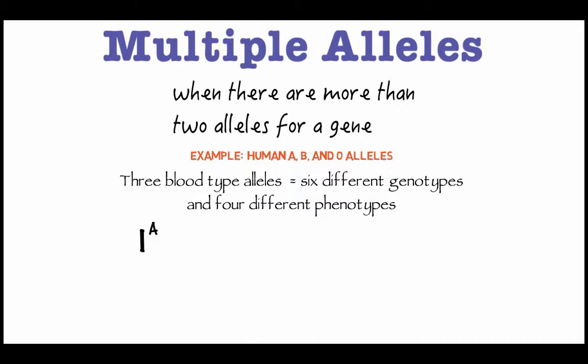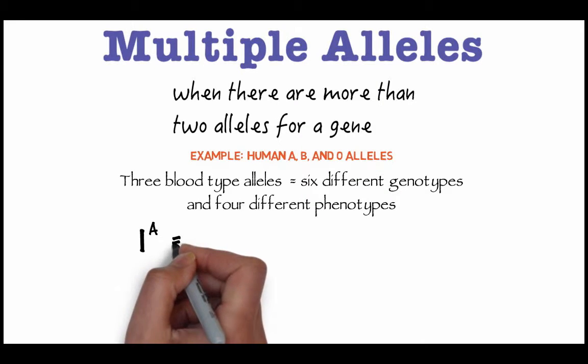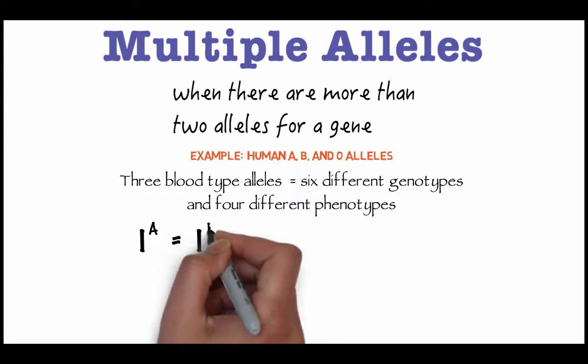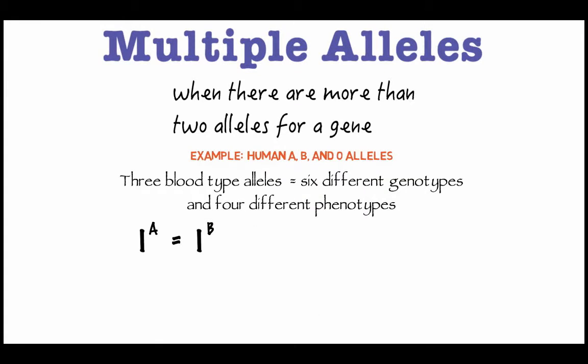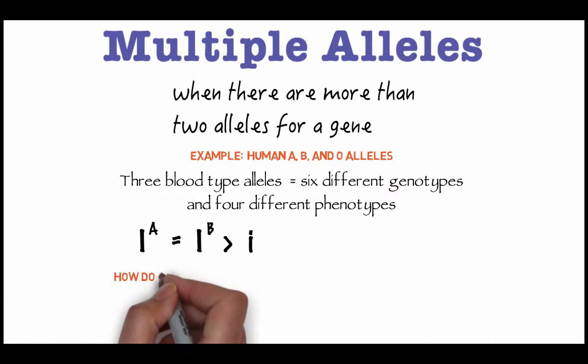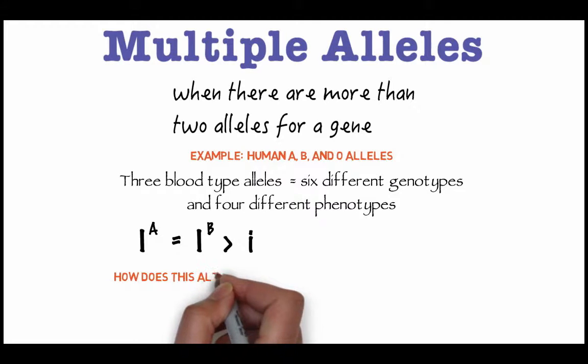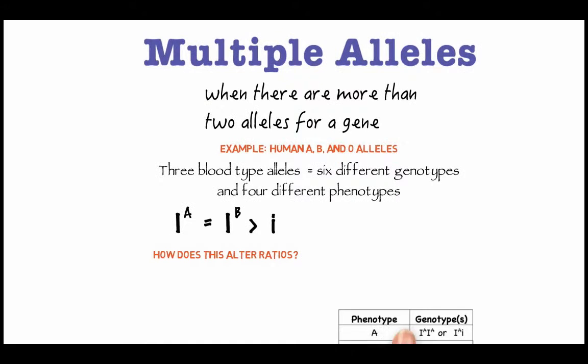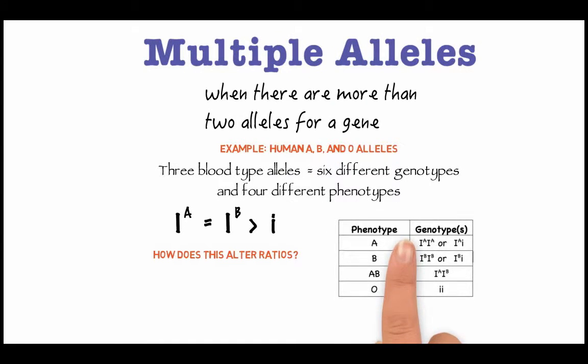A and B are codominant to each other, and they dominate over little i. This chart shows how the blood groups are formed.